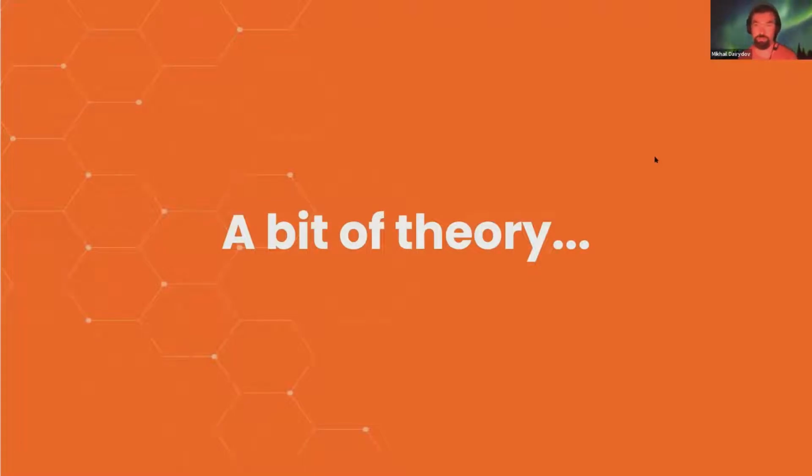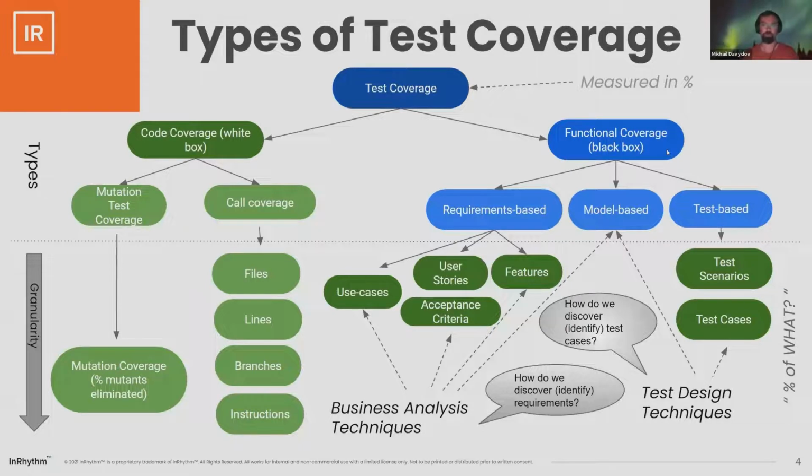But we will start with some theory. So when we are talking about the test coverage, what are we talking about? What is a test coverage? Frankly, it is a very vague concept, and there are a lot of different understandings of this term.